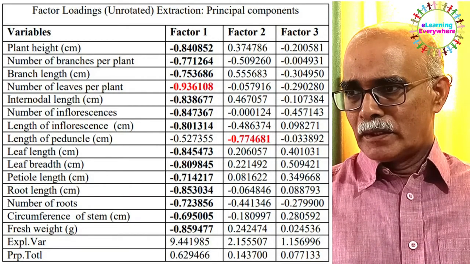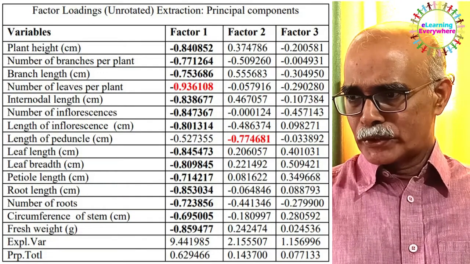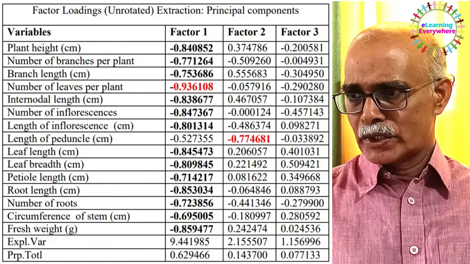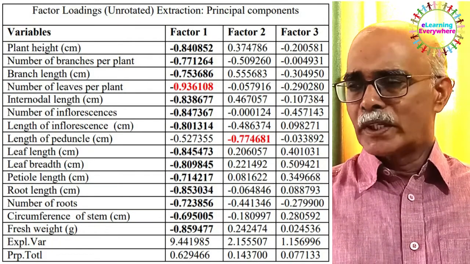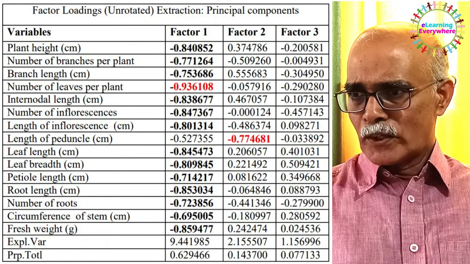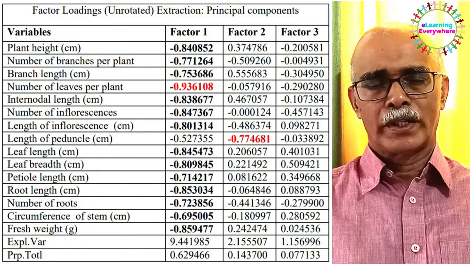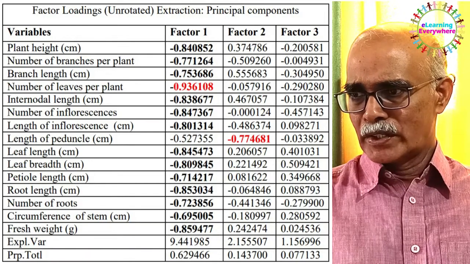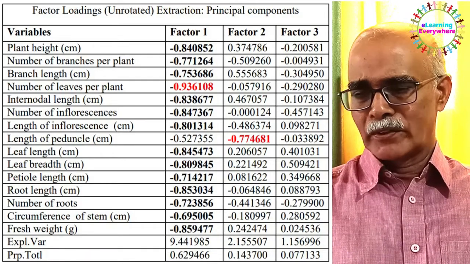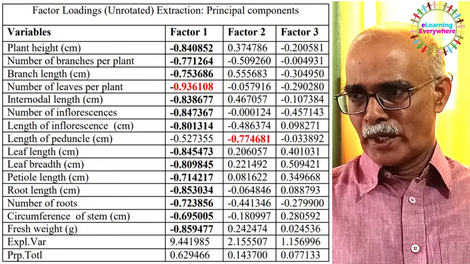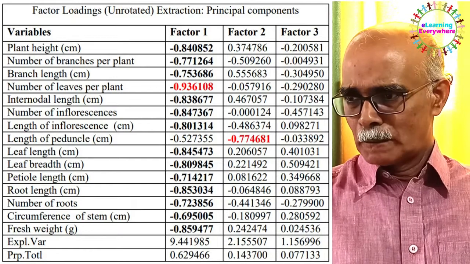And now the next step is to find out the variables that show the highest factor load. And from the table you can see that number of leaves per plant has got the highest factor load. The factor loading in the case of number of leaves per plant in factor 1 is 0.936, and it belongs to the first factor.